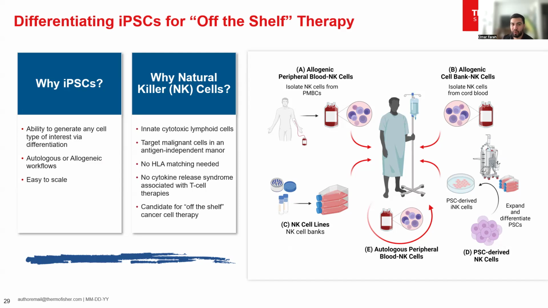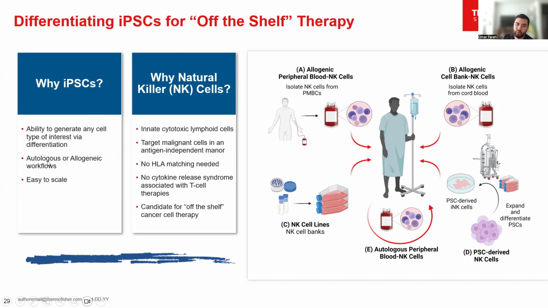So NK cells are part of our innate immune system and can actually target pathogens without the need for particular activation. But if we again think about this in the context of stem cells or iPSCs, we are able to generate iPSCs pretty readily right now.